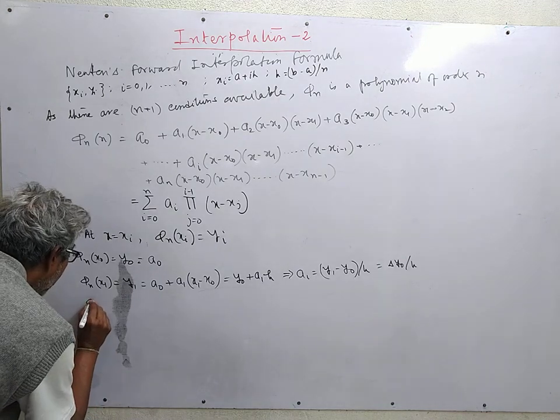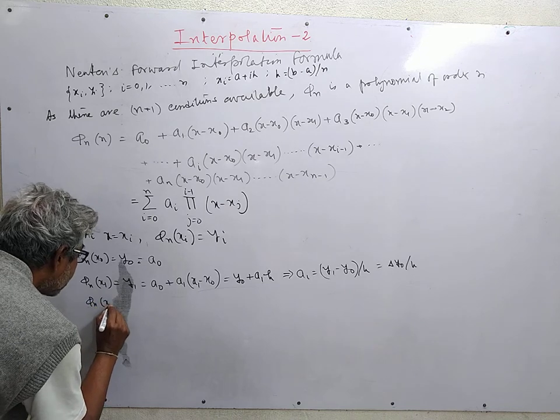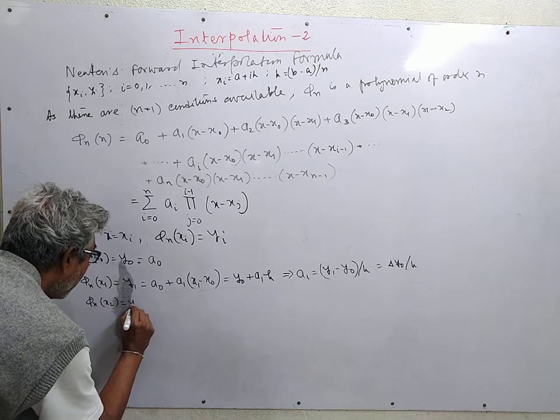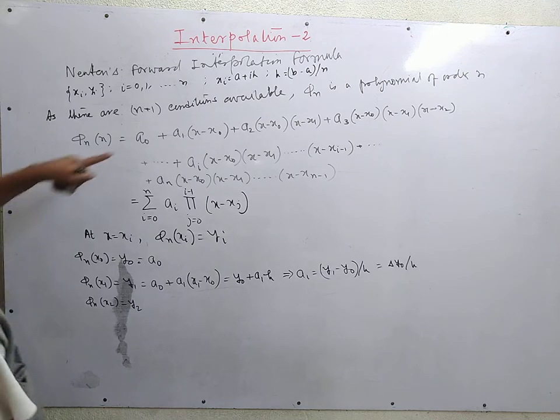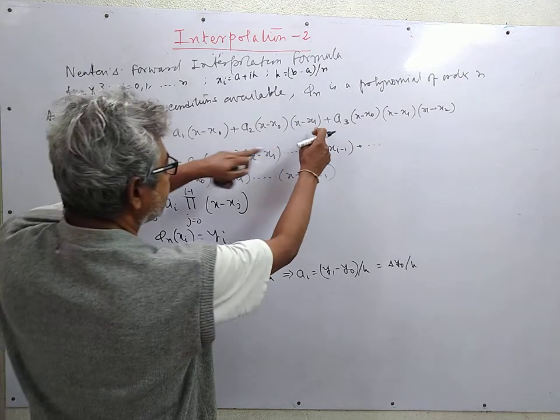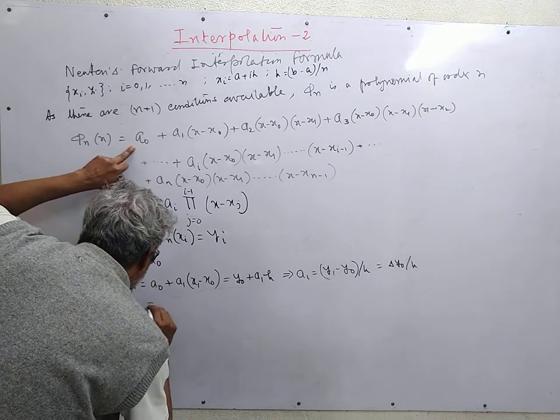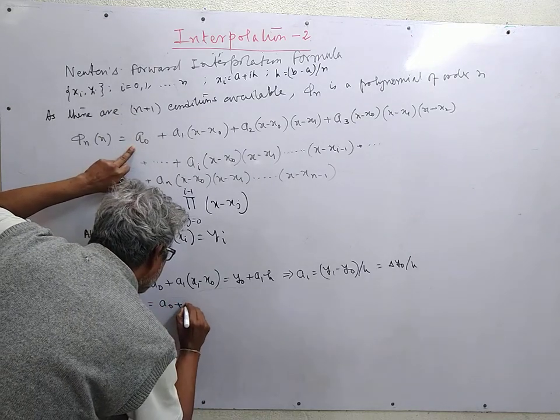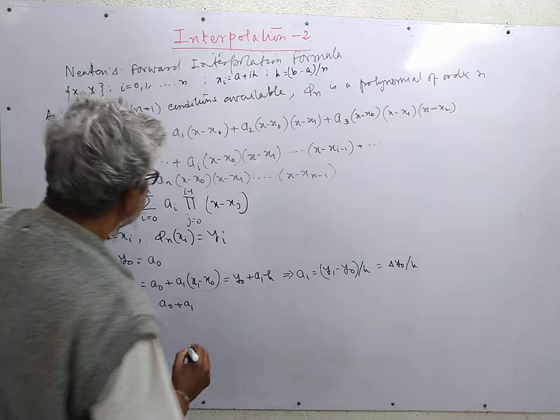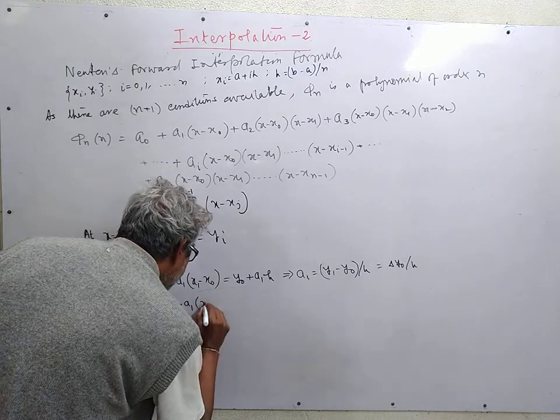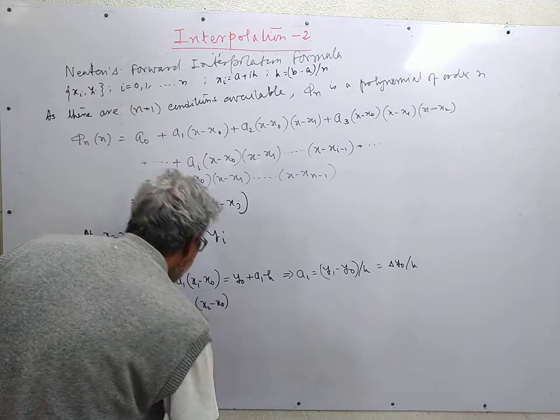Now phi n at x is equal to x2 is equal to y2, and coming to this formula, all terms to the right of this are 0. So the result is a0 plus a1 times x2 minus x0.